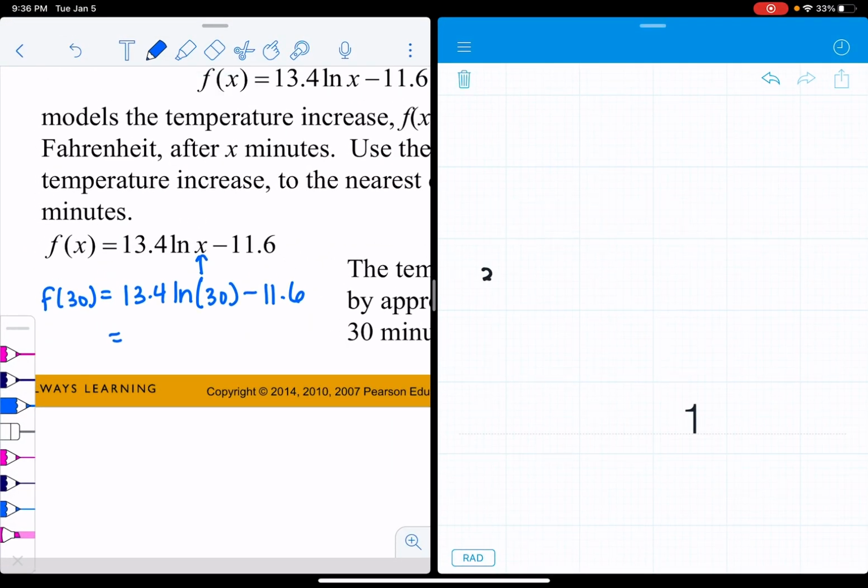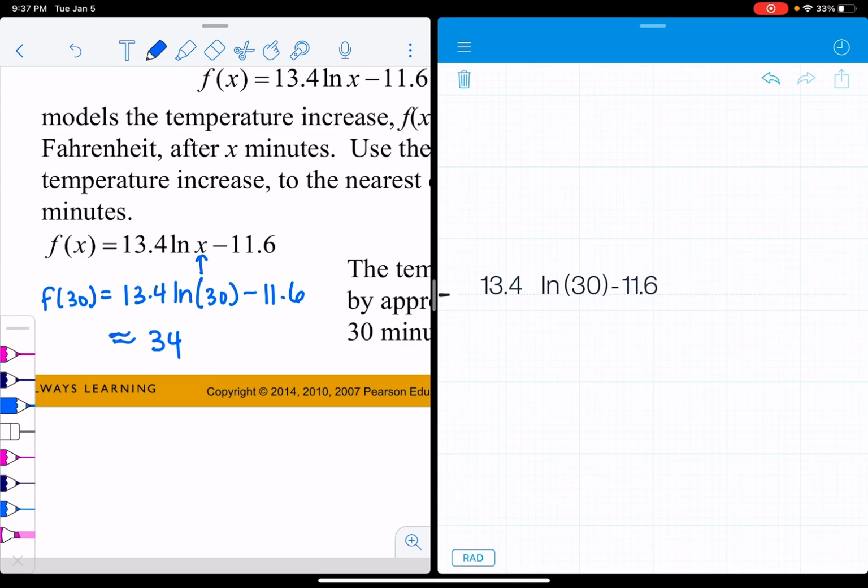So 13.4 ln of 30 minus 11.6. Looks good to me. We have 33.97, so we'll call that about 34.